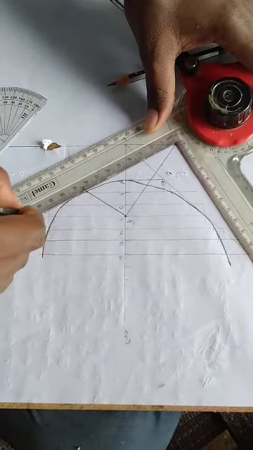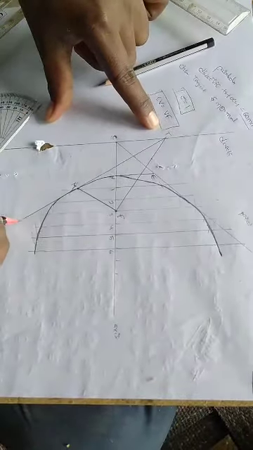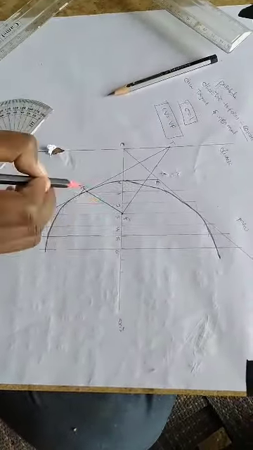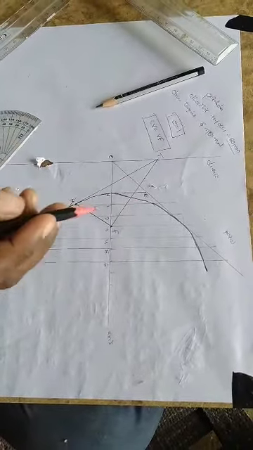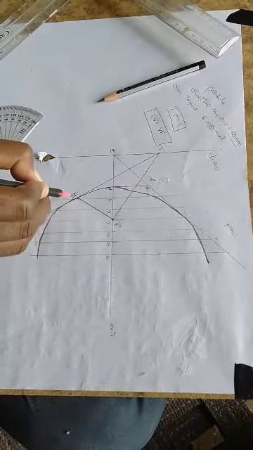From this intersection point, draw a line to the point on the curve. This is the tangent T dash. A tangent is a line that touches the curve at one point.